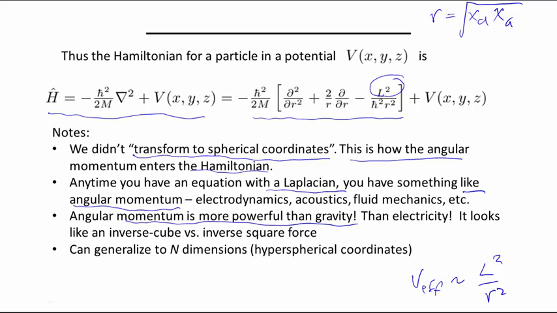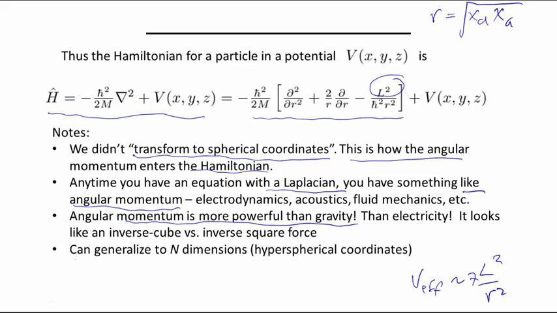This is part of the kinetic energy operator, and in the variational methods section, we saw that short distances correspond to high kinetic energy. So basically, the angular momentum presents an effective potential for particle motion that is repulsive, inverse square law.